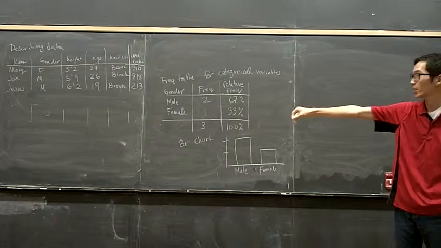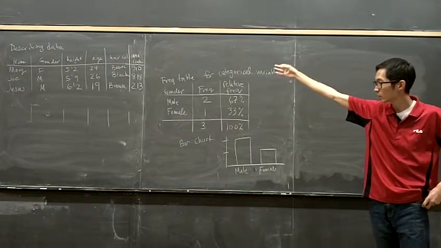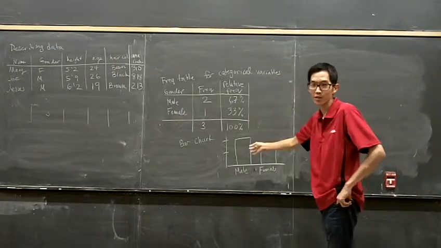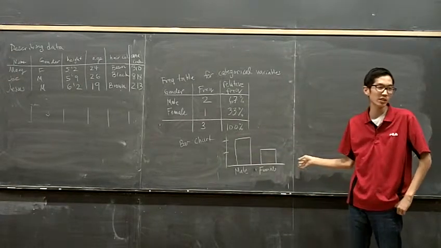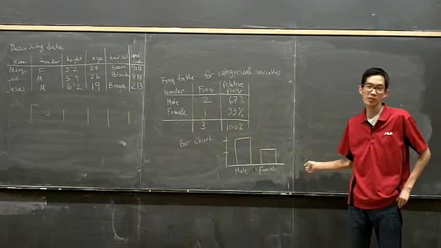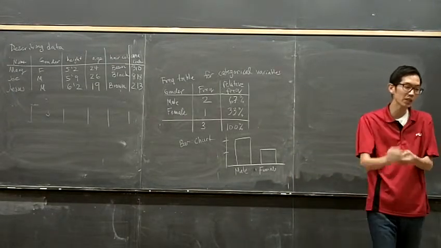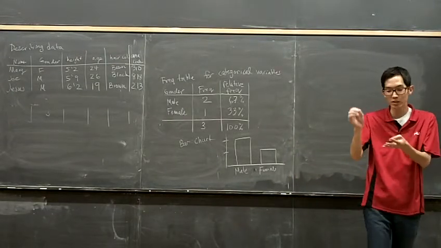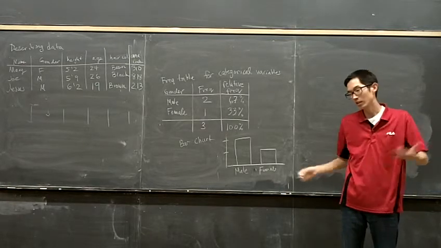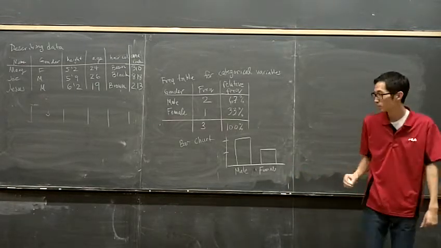Okay, and if we did it for hair color, we might have 5 or 6 bars depending on how many hair colors we would acknowledge, right? So somebody might say I've got black hair, and somebody says brown and blonde and red and gray and other colored hair or whatever. Okay.